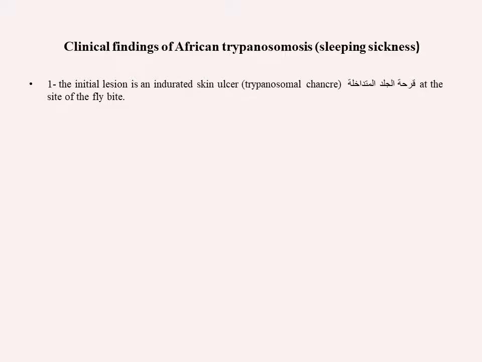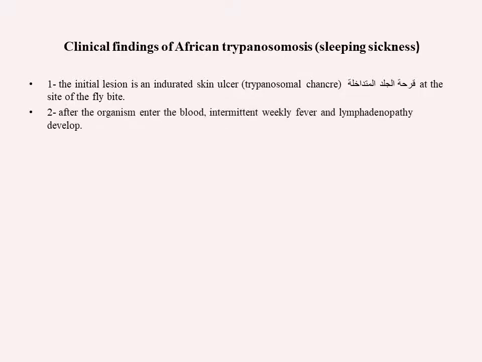The initial lesion is an indurated skin ulcer, a trypanosomal chancre, at the site of the fly bite. After the organism enters the blood, intermittent weekly fever and lymphadenopathy develop.